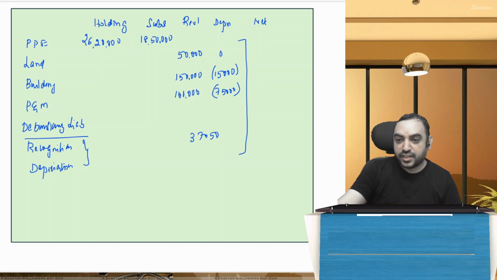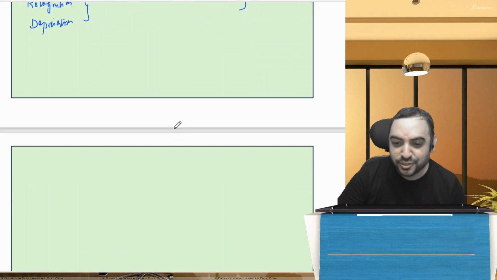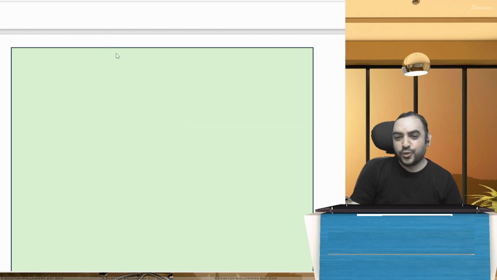So 47 lakh 17,050. Okay, I think now you're ready for preparation of the consolidated balance sheet. I will do it quickly.